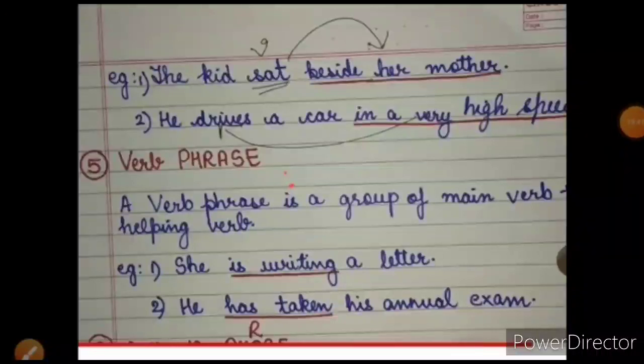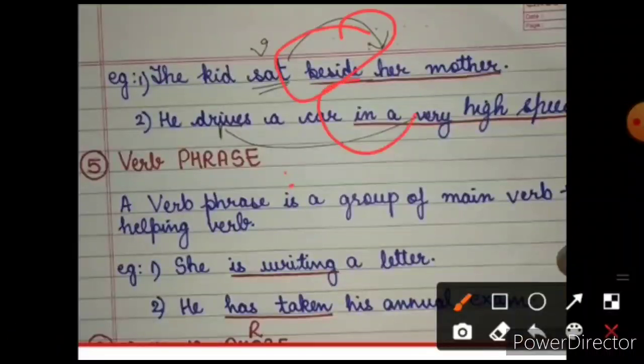And over here it is the same sort of situation, where we have beside and we have in, and it is also telling us how he drives. So it is modifying the verb. And again, sat: where did the kid sit? The kid sat beside her mother. So over here it is indicating that it is an adverb phrase.